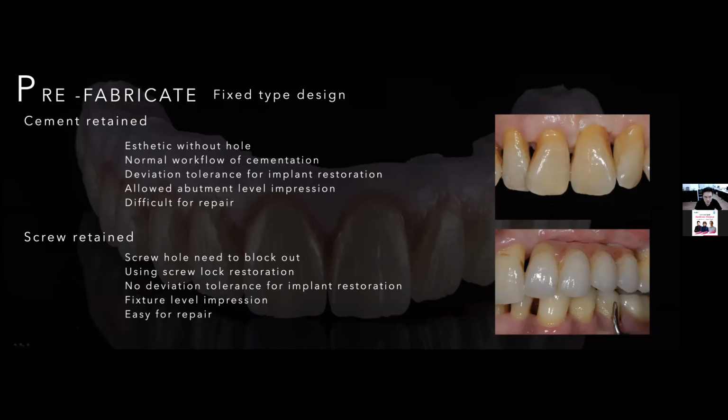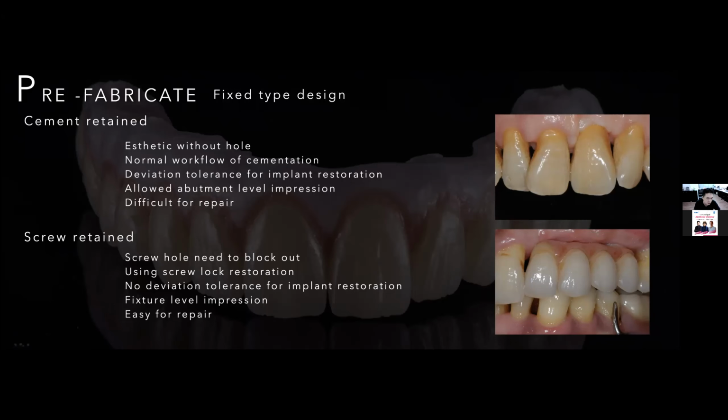And now the more popular one is the screw retain. Why is it popular? In the past, we used a casting skill, but with casting we needed casting metal, like the gold ceiling or casting abutment. But during the workflow, the final abutment may not be very precise, especially the connector surface.